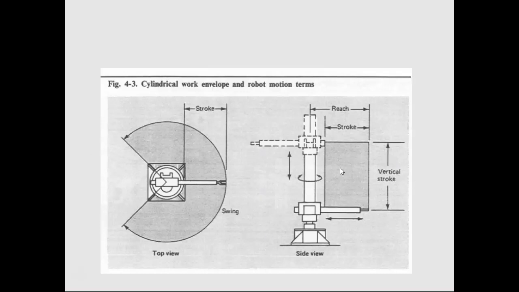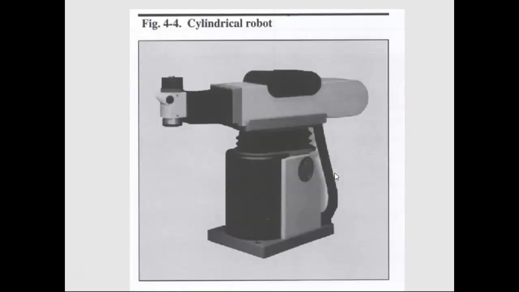Just to give you an idea on that, the way you know it's cylindrical is two axes run linear. They'll go in, out, up, down some way, but it has one rotational axis.